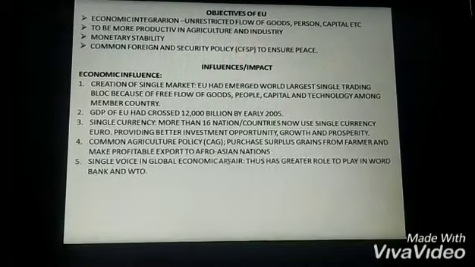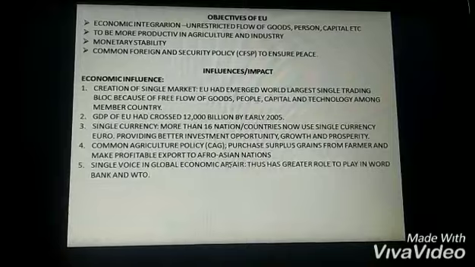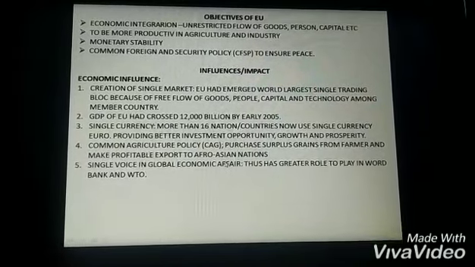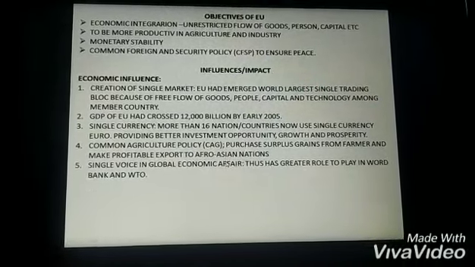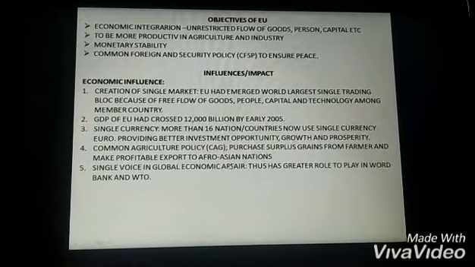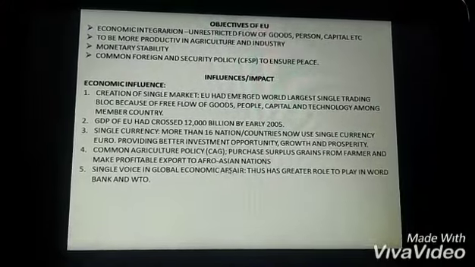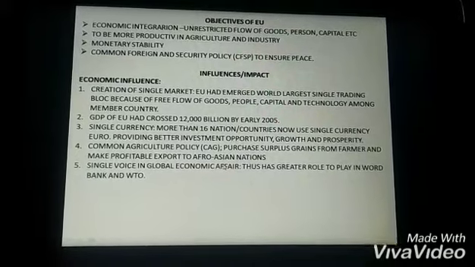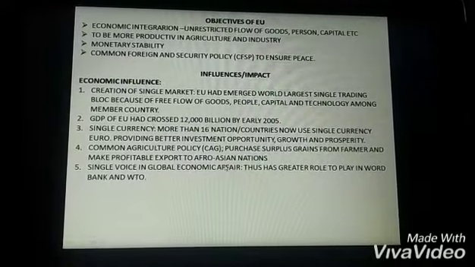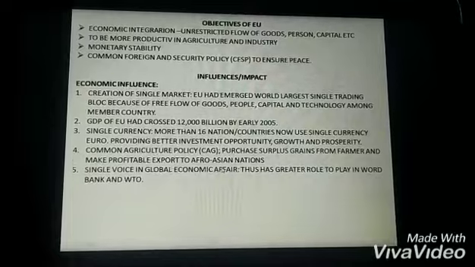Now if a country goes against their policy, let's take China for example. If China goes against the EU, then all the 27 members will stop any commercial relationship with China, including trade and policies and everything.